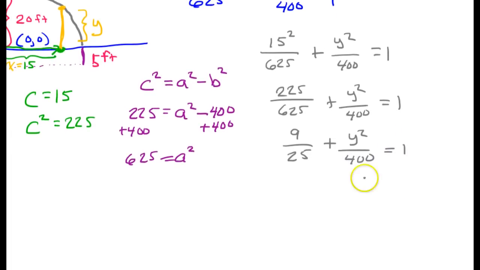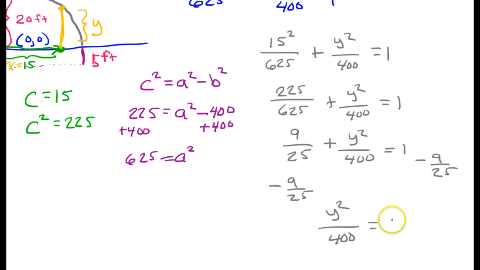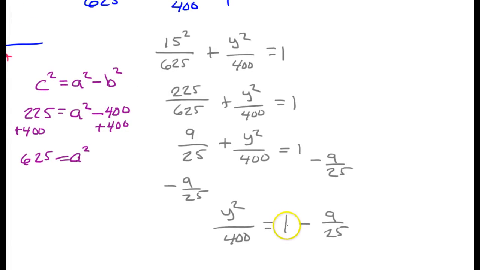Let's go ahead and subtract 9/25 from both sides. So that's going to leave us with y squared over 400 is equal to 1 minus 9/25. Well, I love the number 1 because this can be equivalent to 2 over 2 or 3 over 3 or 4 over 4, etc. So I'm going to replace the number 1 with 25 over 25 so that I will have like denominators.